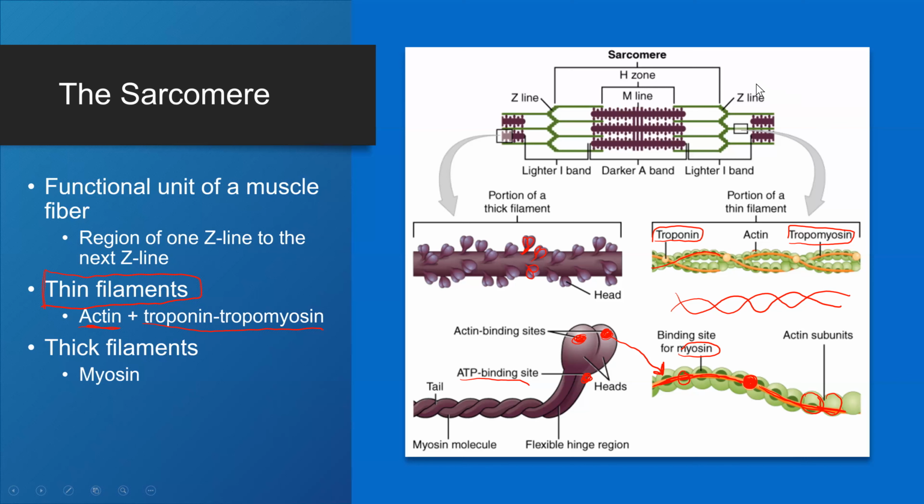The whole purpose of this structure, and the whole theory behind it, is that myosin heads are going to bind to actin and push these actin molecules towards the center of the sarcomere, and the sarcomere will become shorter, and the whole muscle will contract.